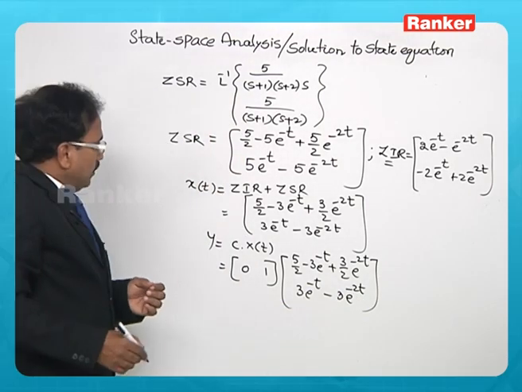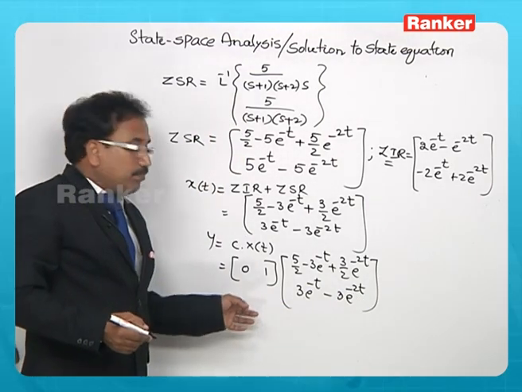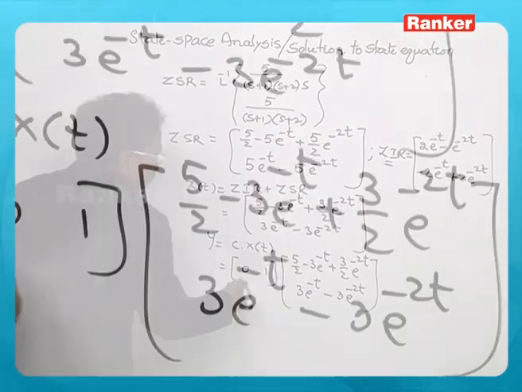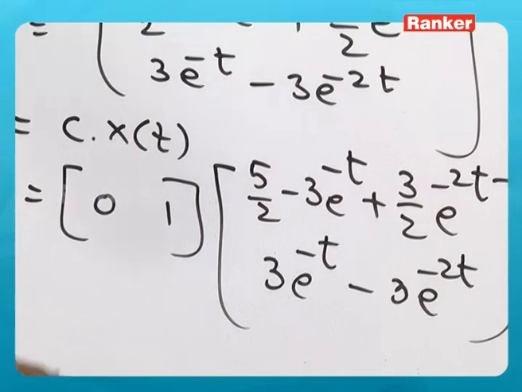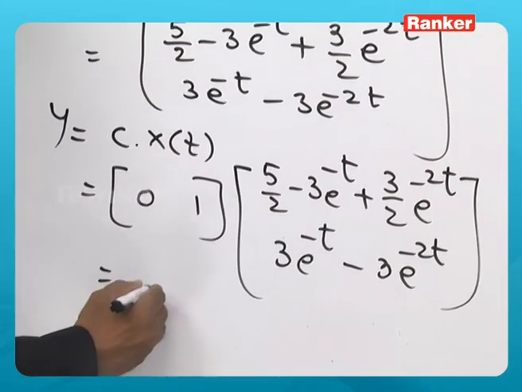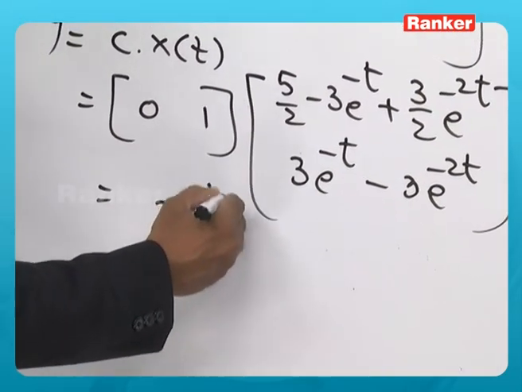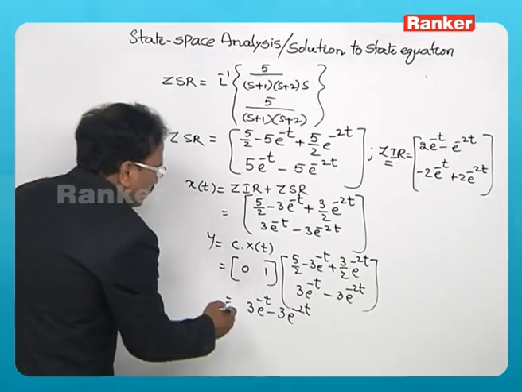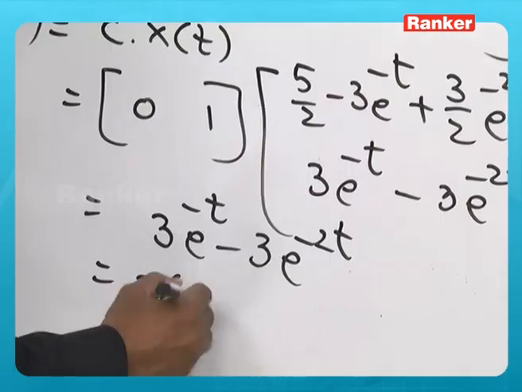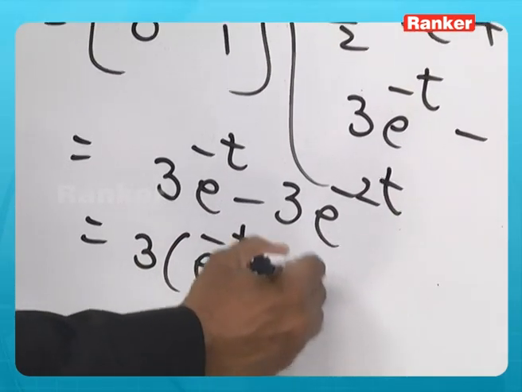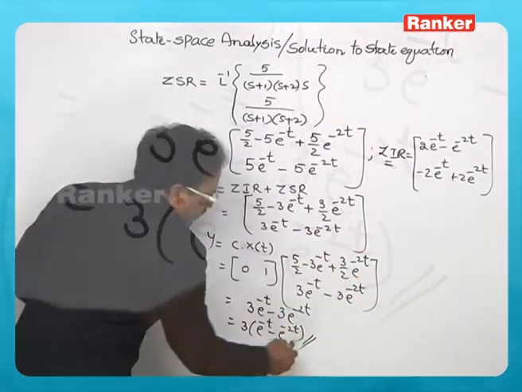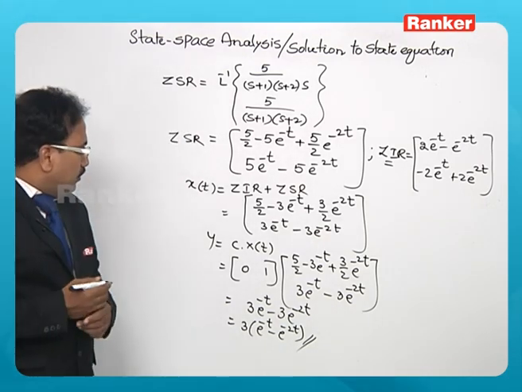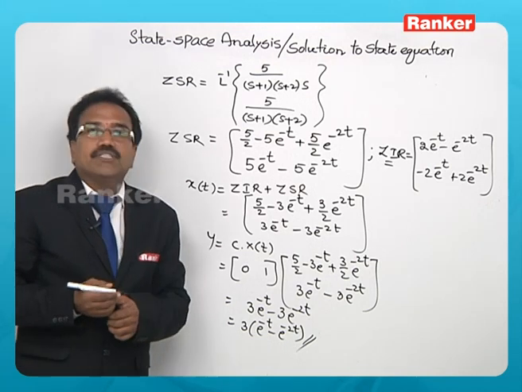So, with the output matrix you need to multiply x of t. So, you have 0 here. The first component will go and only the second component will remain, that is 3 e power minus t minus 3 e power minus 2t. So, this is nothing but the output solution, the output of the equation that is given.